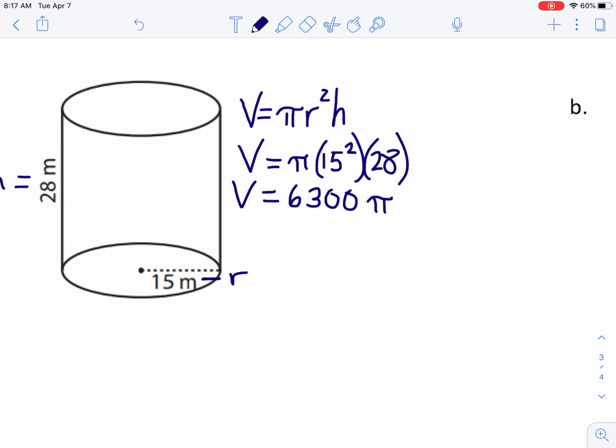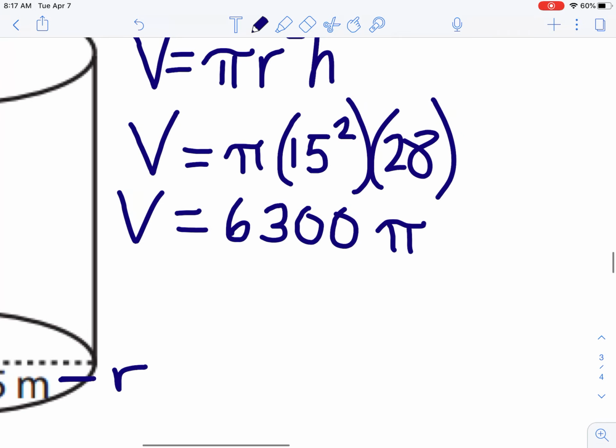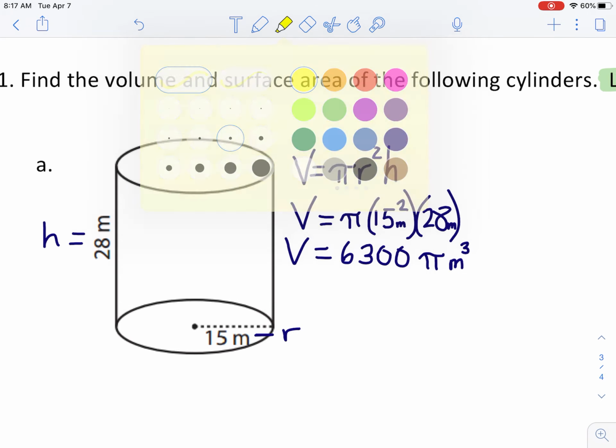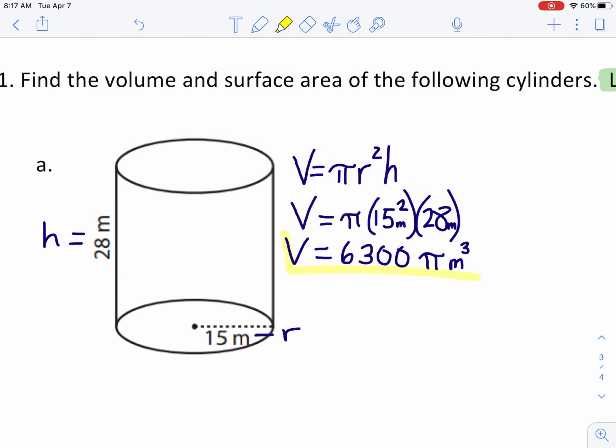And I'm getting 6,300 pi. What are the units for volume? How many dimensions? It probably would have helped if I did this. Meters. There's 3 dimensions, right? Length, width, and height. So this is the answer you want to leave.